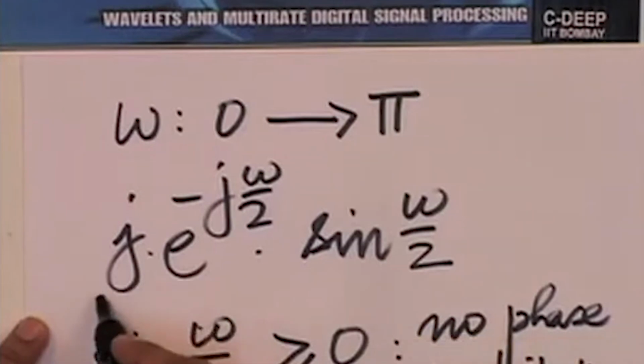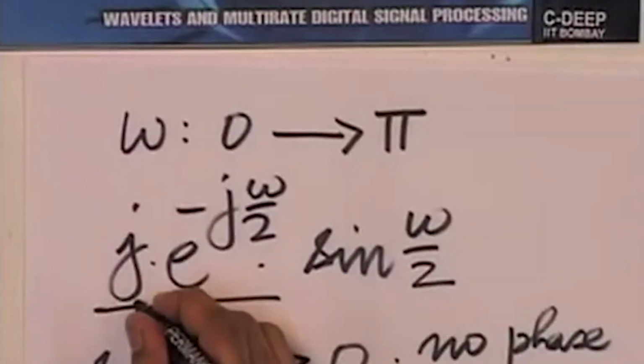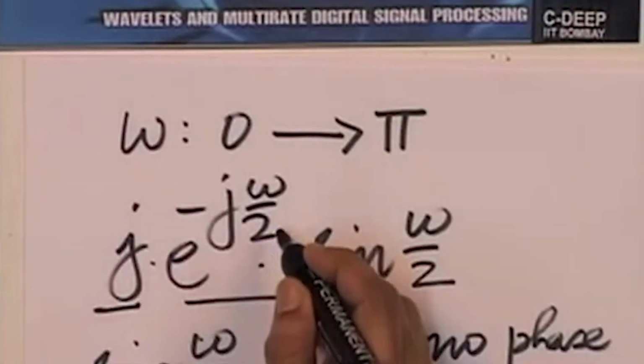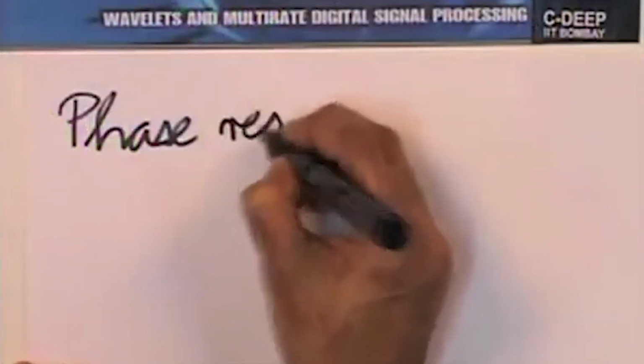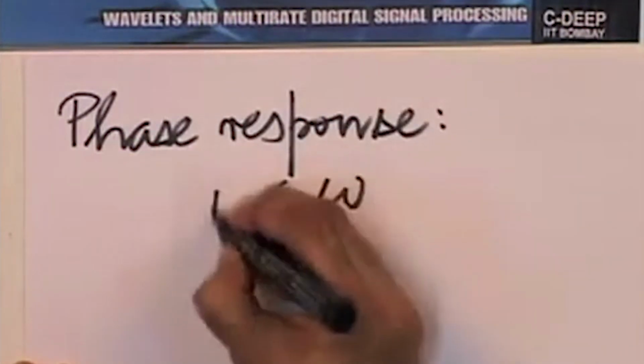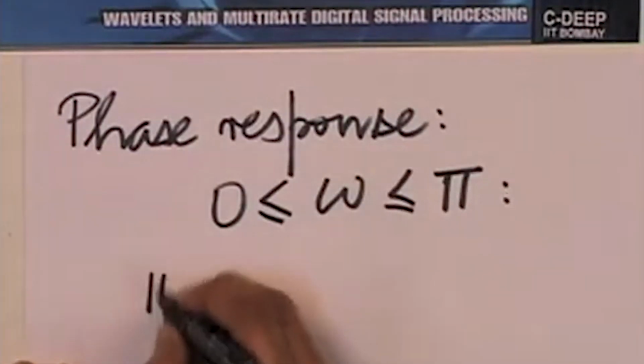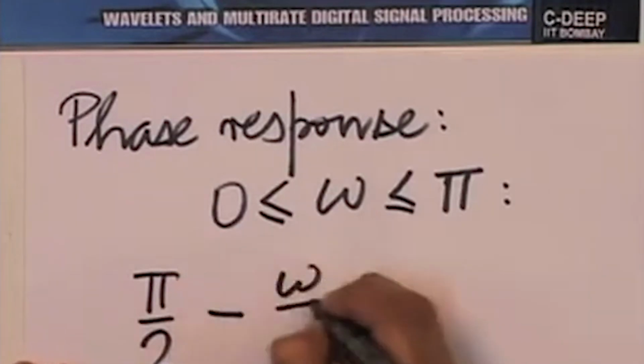However, both of these terms have a phase contribution. In fact, the phase contribution is 90 degrees or pi by 2 from here and minus omega by 2 from here. So, overall the phase response, only between 0 and pi, is pi by 2 minus omega by 2.